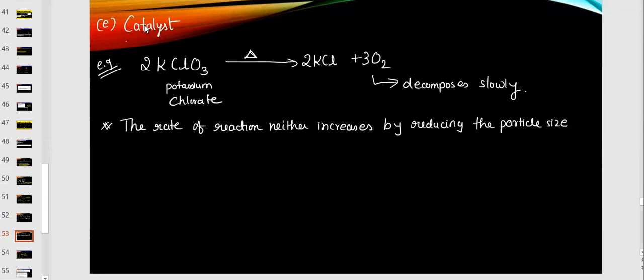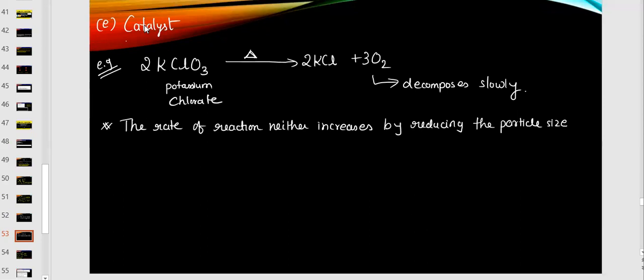We want to carry out this reaction in the lab to get this oxygen gas, but because of this reaction it decomposes very slowly, and we don't want this. We want to make it decompose rapidly. So we tried to change the particle size of the reactant, but that is not giving us much difference.